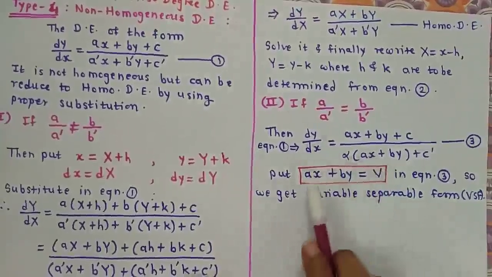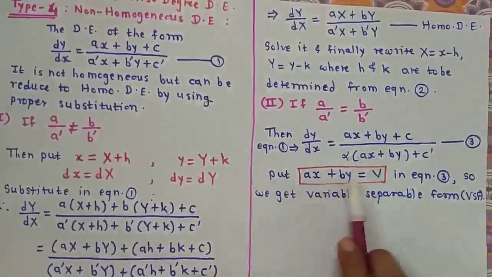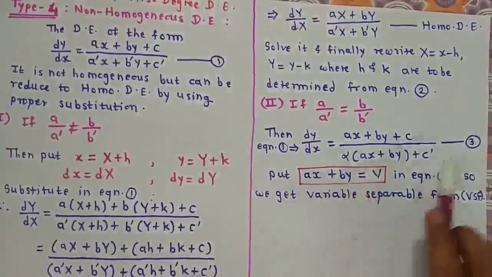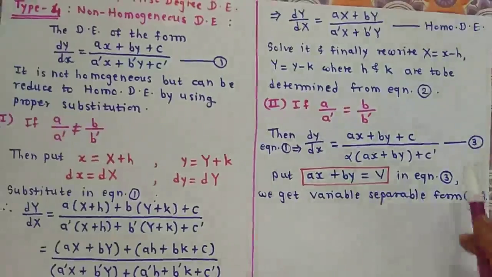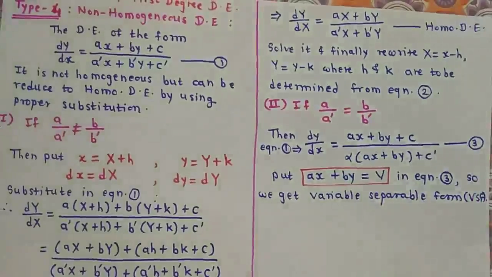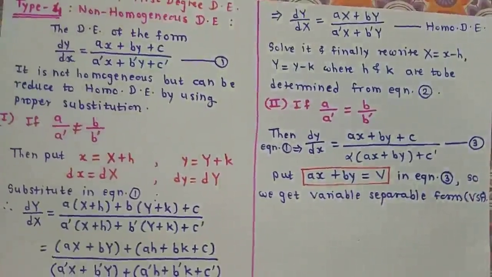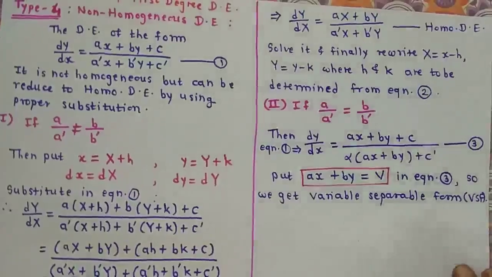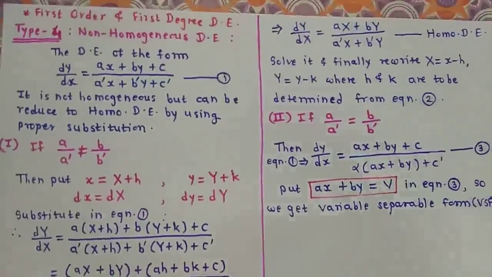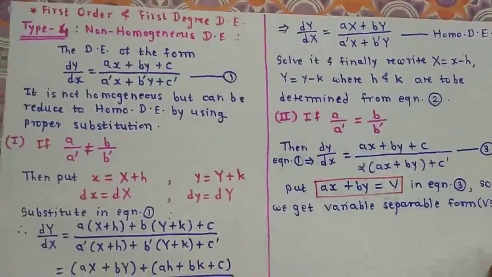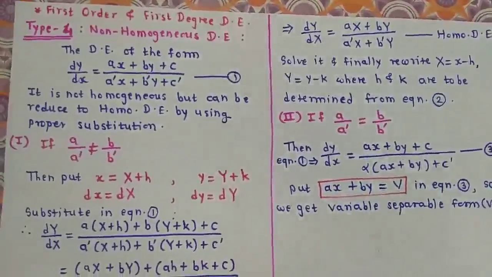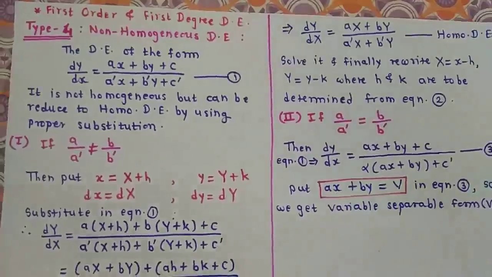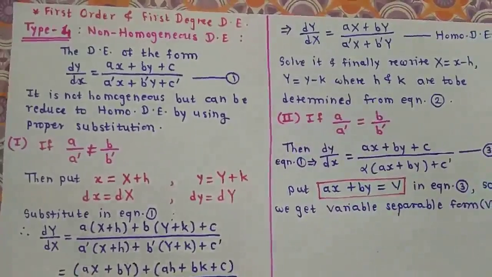So in the next step we put ax plus by equals v in equation number 1, so that due to this substitution equation number 3 reduces to variable separable form, and just by taking integration we get its solution. In this way, carefully we identify the type, then we identify the specific case, and according to the respective case we use the substitution.